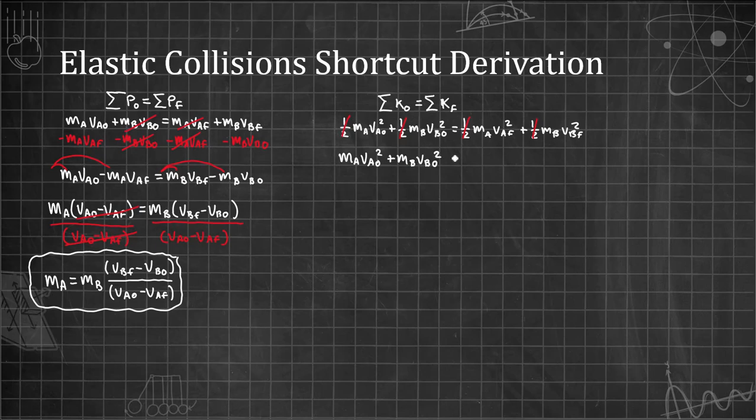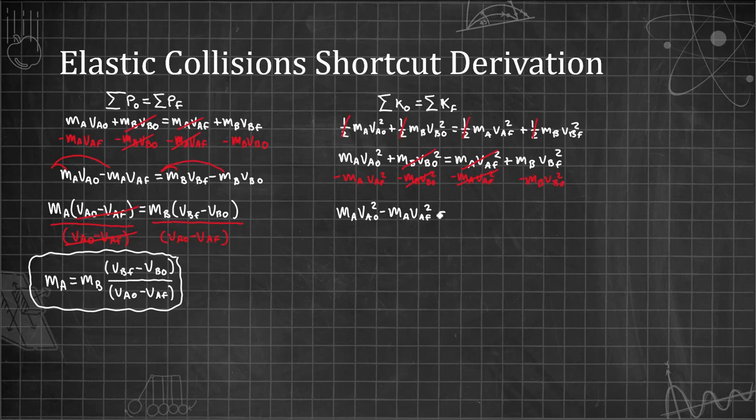Now we already canceled out the 1/2, but we're going to write the equation without the 1/2 just to clean it up a little bit. We're going to do something very similar to what we did on the momentum side. Instead of grouping this kinetic energy conservation equation by final and initial, we want to group by object: all the terms dealing with object A on the left-hand side, and all of the terms dealing with object B on the right-hand side.